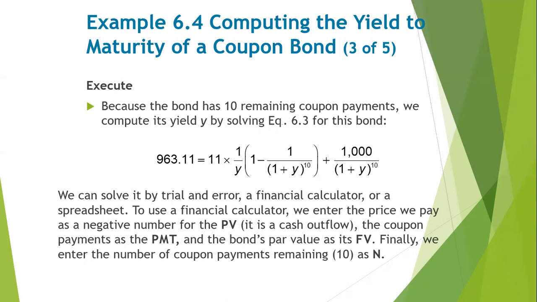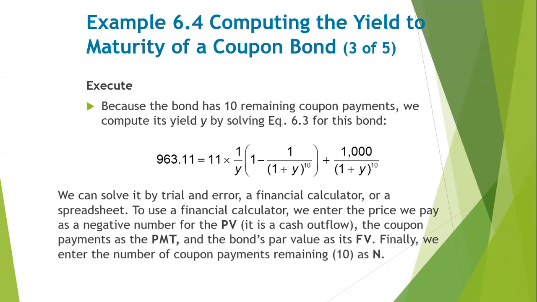To execute, because the bond has 10 remaining coupon payments, we compute its yield, Y, by solving equation 6.3 for this bond. And here you see the formula. We can solve it by trial and error, a financial calculator, or a spreadsheet.